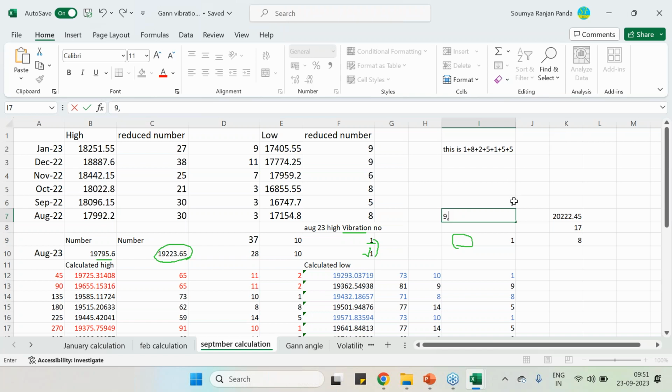Please make it very clear. 9 is the sum of digits, so 3 into 3 is 9, and 3 can be a vibration number. 6 plus 3 is 9, so 6 can be a vibration number because 3 is already taken. So 1, 9, 3, 6 will be your vibration numbers.